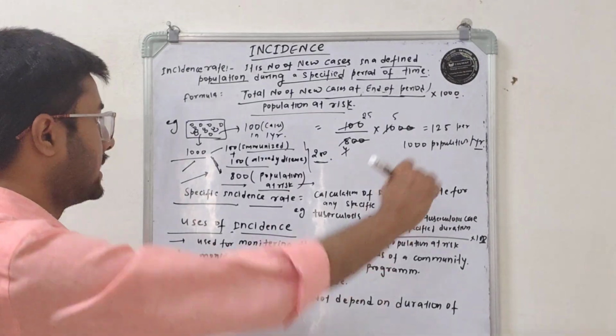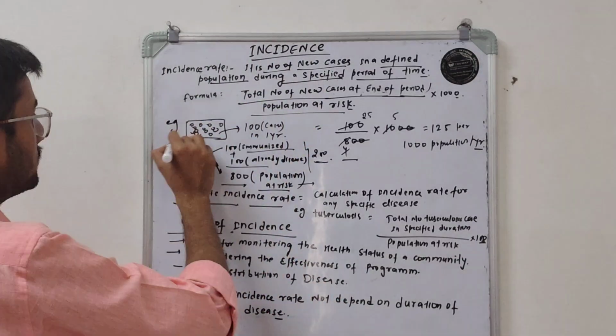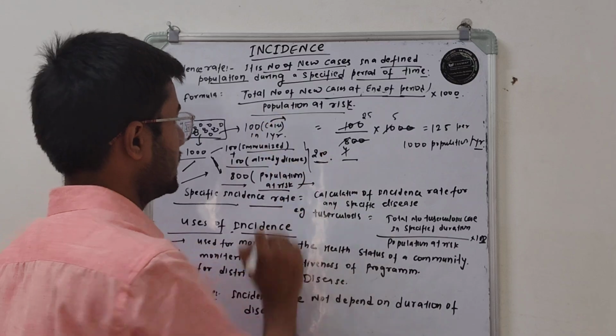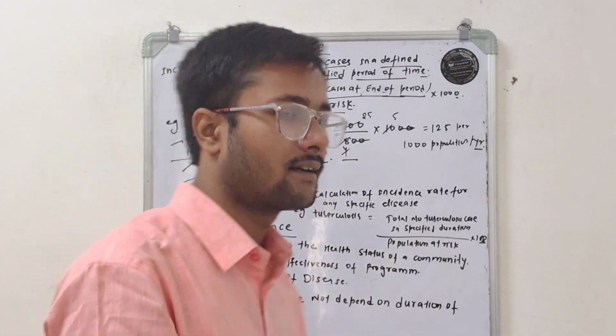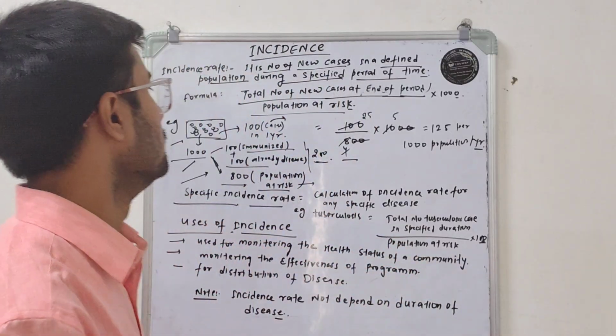So we put the data in the formula. Now during the study it is found that 100 new cases come, I mean 100 people are affected by the disease.